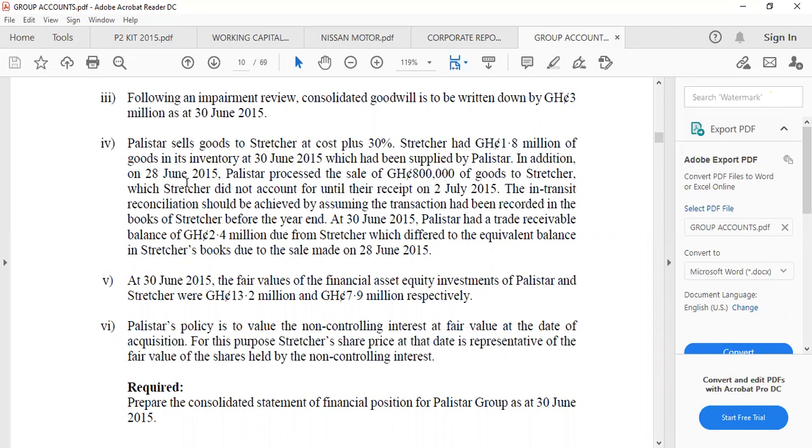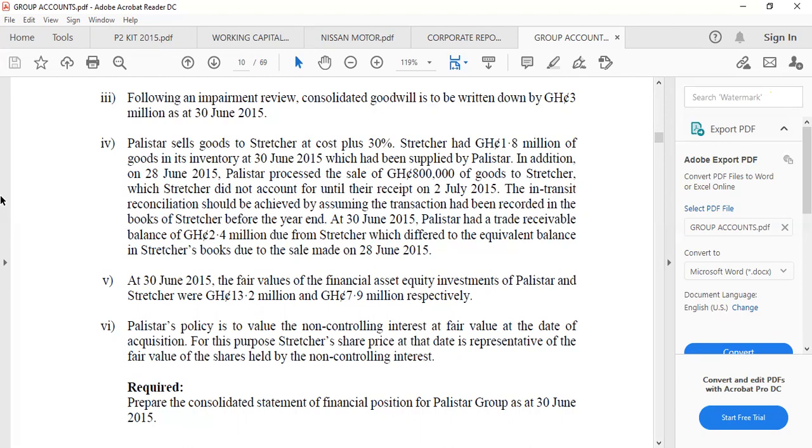The in-transit reconciliation should be achieved by assuming the transaction had been recorded in the books of Stretcher before the year end. At 30th June 2015, Polyester had a trade receivable balance of 2.4 million due from Stretcher, which differed to the equivalent balance in Stretcher's books due to the sale made on 28th June 2015.